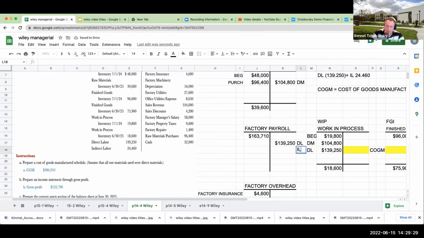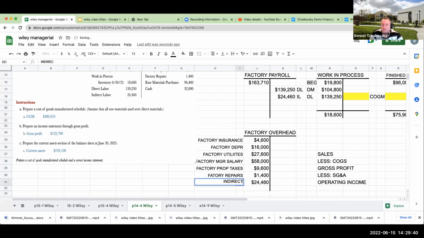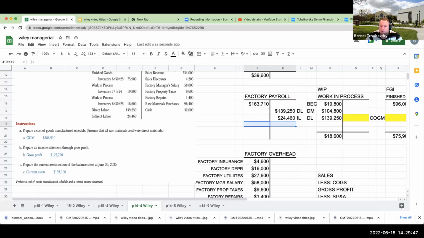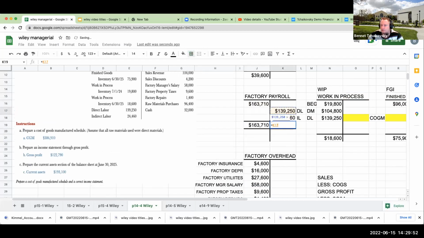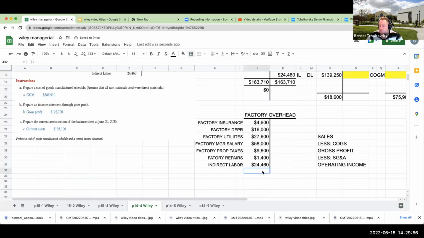But the indirect labor of 24,460 is going to first travel down over here to factory overhead, and then it's going to go into work in process. So for our factory payroll, we have to make sure that this balance goes to 0. If I look at this over here, this has now gone to 0. Our factory overhead also has to go to 0.